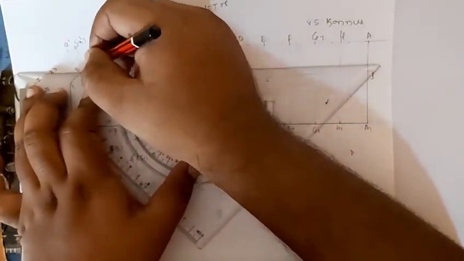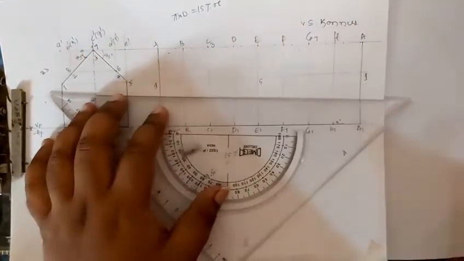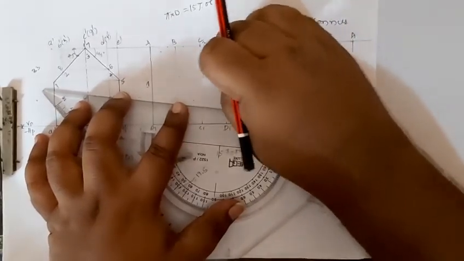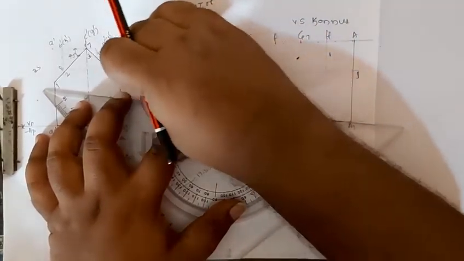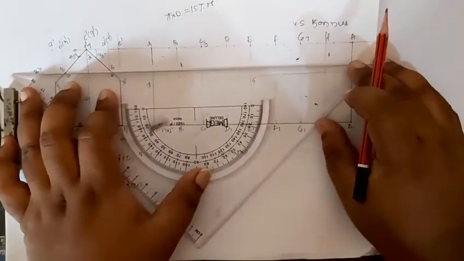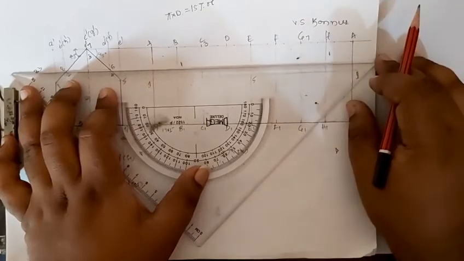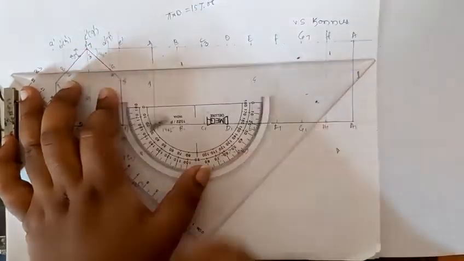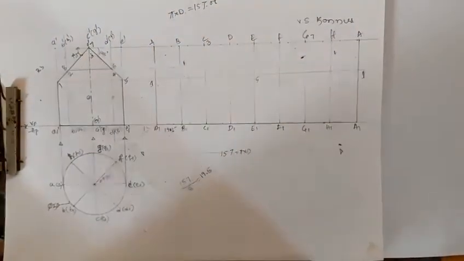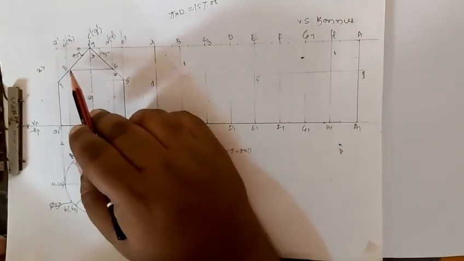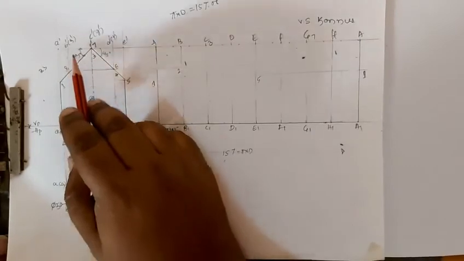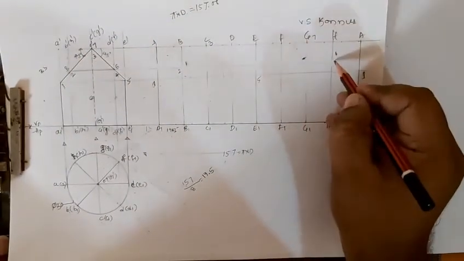Draw parallel to these two. So the second point and the eighth point: the second point is on B, and the eighth point is on H. Here we get the eighth point.